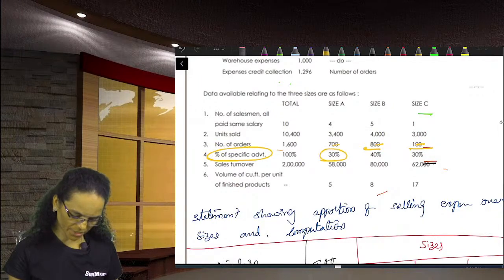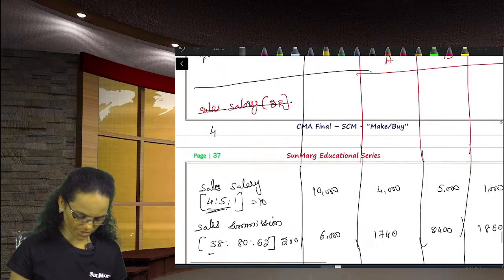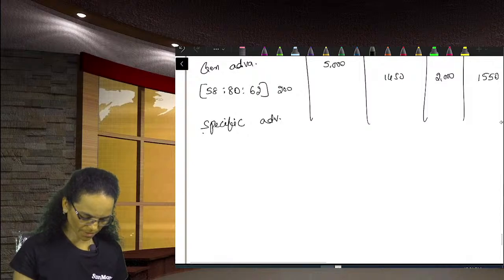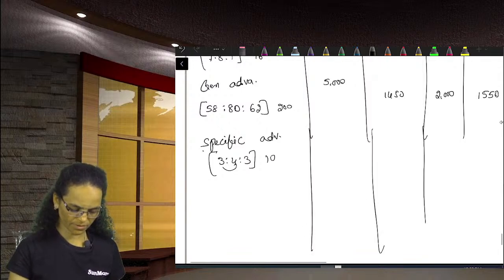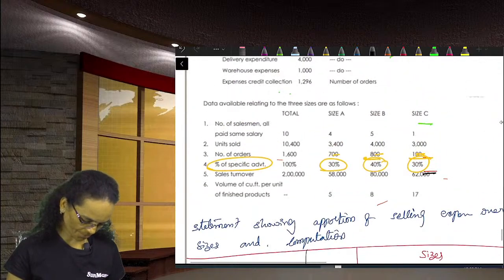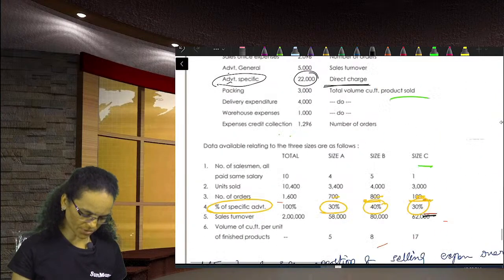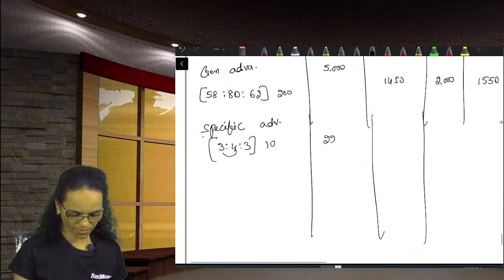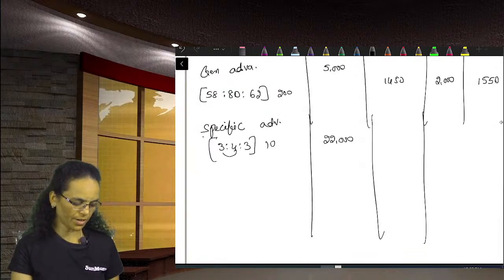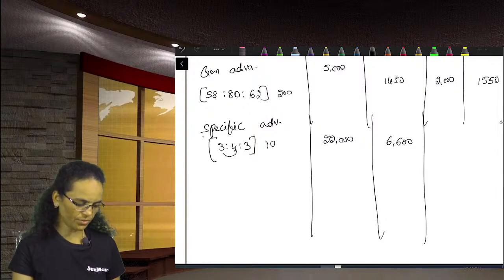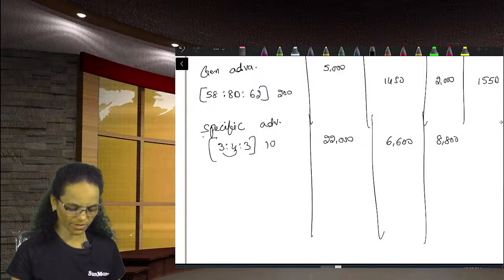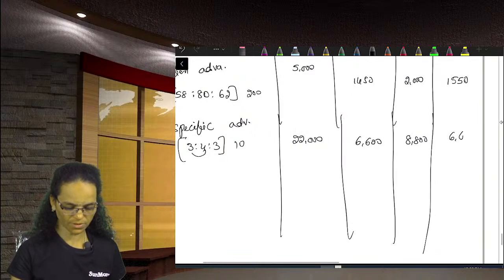Specific advertisement 30, 40, 30, 3, 4, 3, this is 7 plus 3, 10. Specific advertisement expenditure 22,000. 3 divided by 10 into 22,000, that is 6,600. Divided by 3 into 4, 8,800, and last one 6,600.